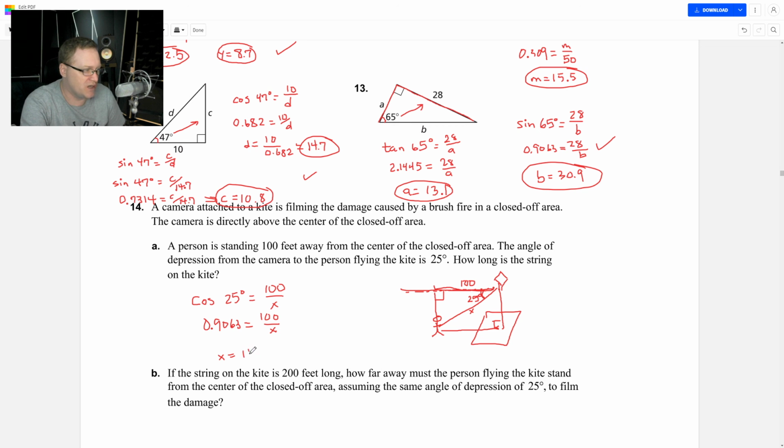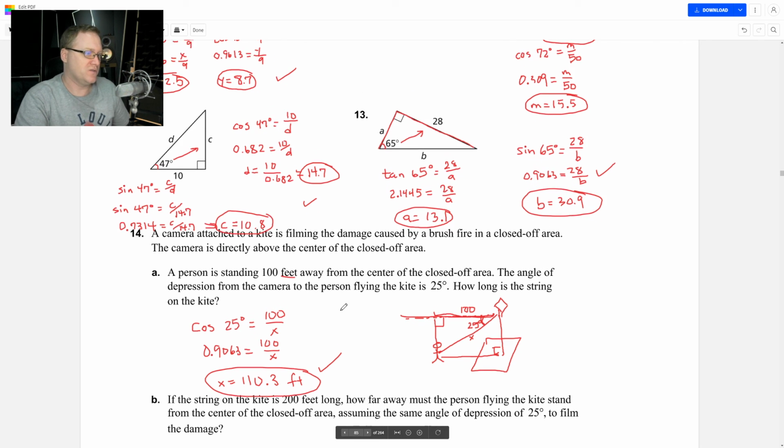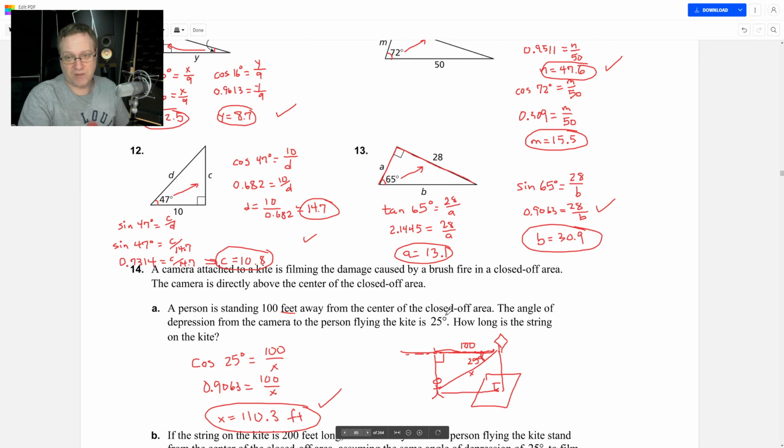So that's 110.3, and this is feet. And that's going to be our answer. So that's how we use the cosine to solve a problem like this.